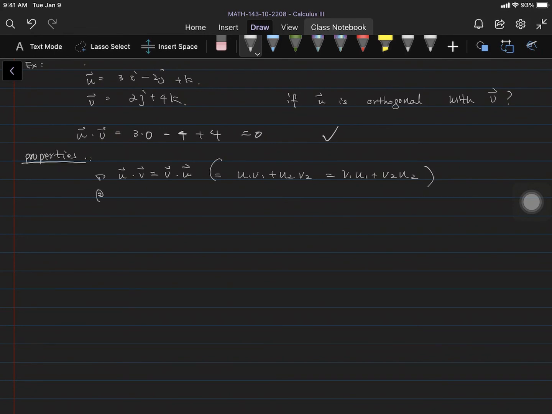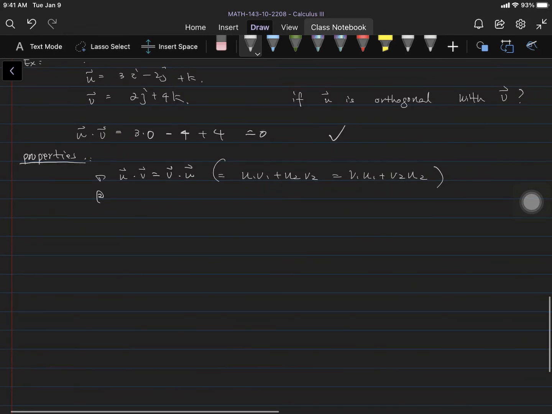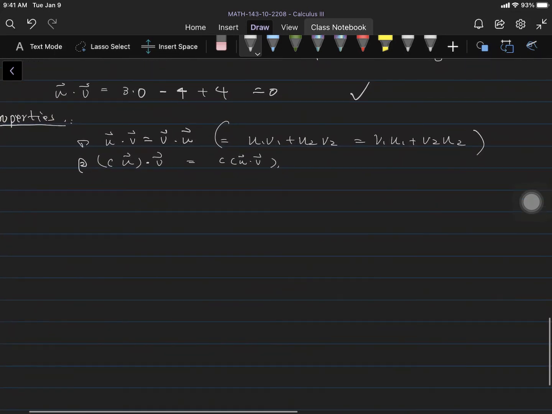Number 2: a scalar c times u, dot v, is the same as c times (u dot v).